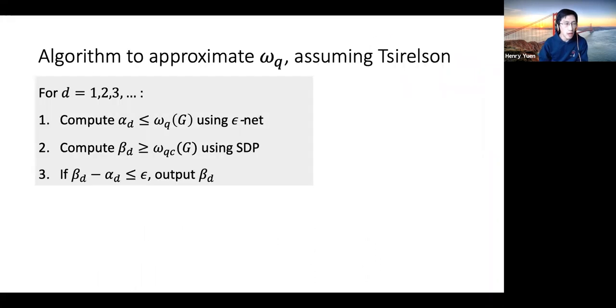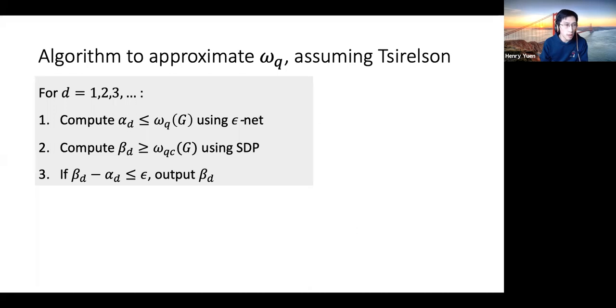All right, so now we put the two together, and if you assume that Tsirelson's problem has a positive answer, meaning that the set of commuting operator correlations coincides with the CQA, the approximately finite dimensional correlations, the lower bound sequence and the upper bound sequence must converge, right?